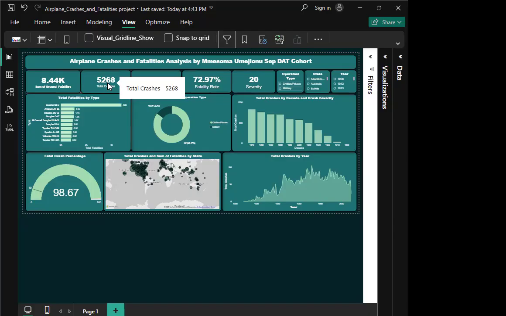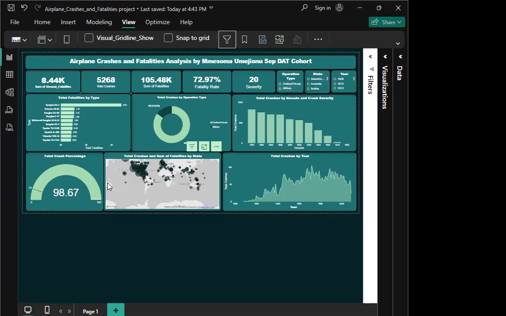These crashes resulted in approximately 105,480 fatalities, including about 8,440 ground fatalities. The fatality rate is extremely high at about 72.97%, which is approximately 73%, indicating that most crashes unfortunately result in the loss of life.